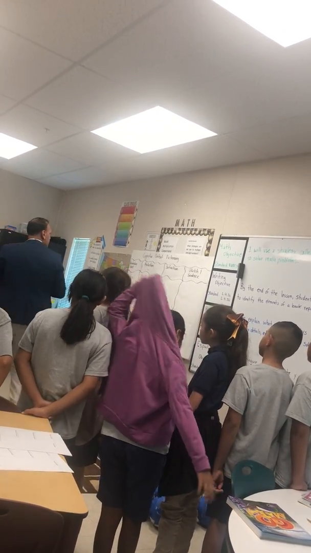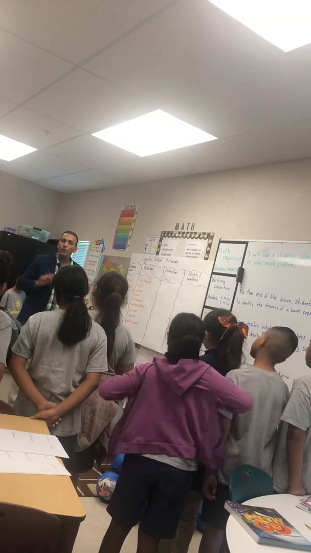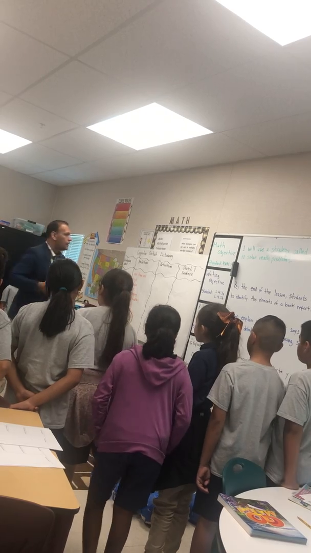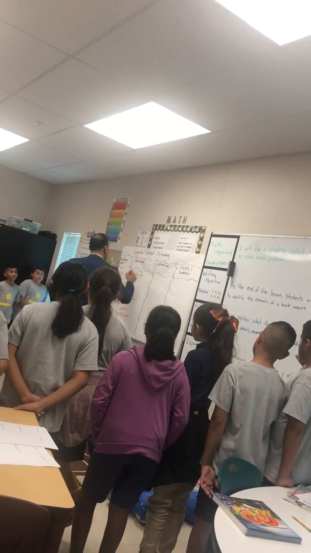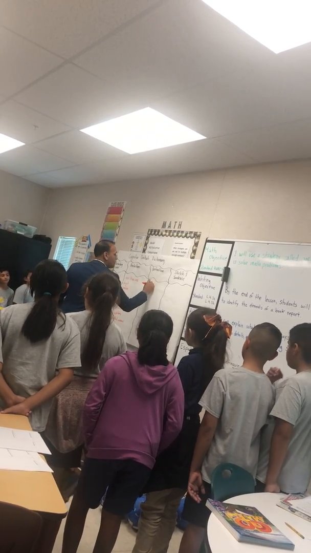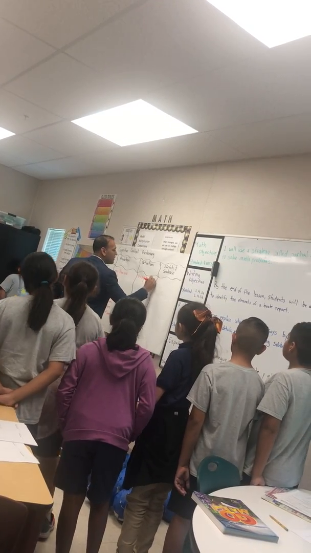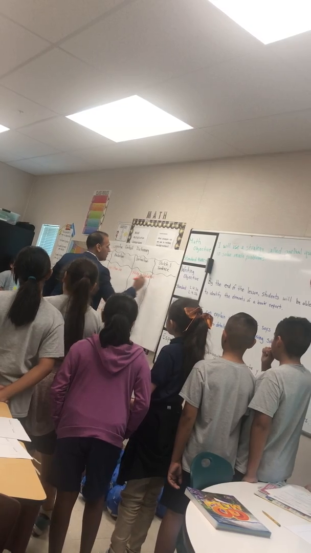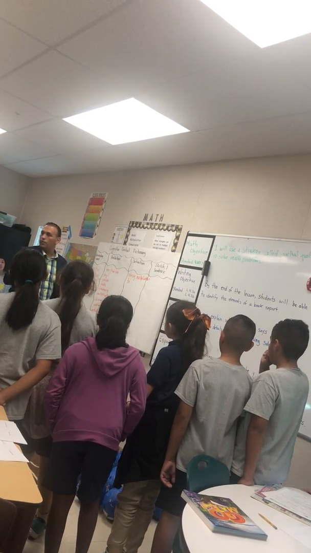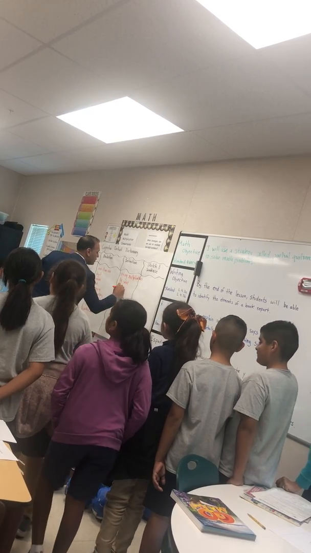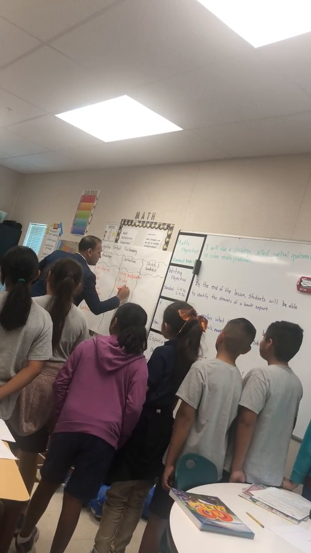So now I'm going to tell you a real basic definition, and we're going to act it out, okay? So the definition that I like to use for partial quotient is using multiplication to solve division problems.